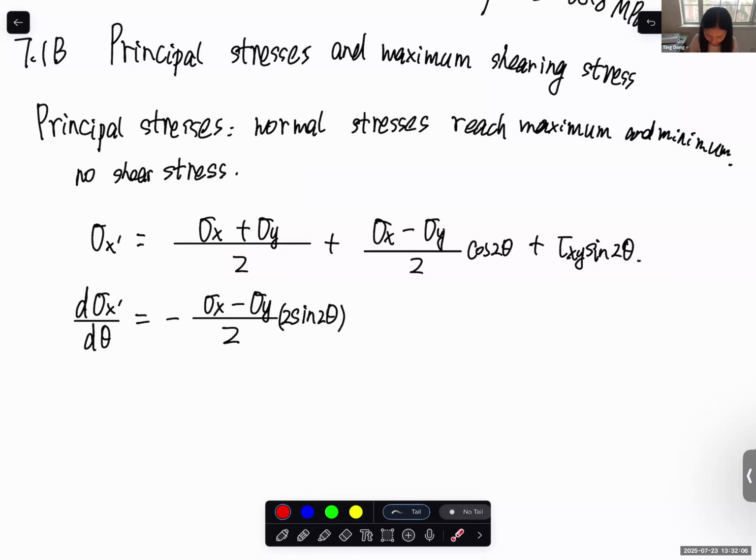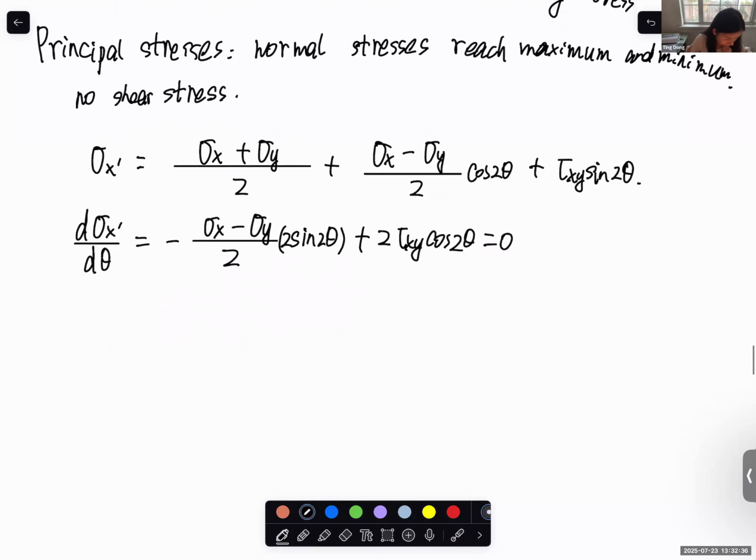So basically there's a negative sign, and also because there's a 2 here, when you take the derivative, 2 also comes out. This is not the content of mechanics of materials, but just basic math. And also for this one, first derivative, we have 2 tau xy cosine 2 theta. This one should be equal to 0.